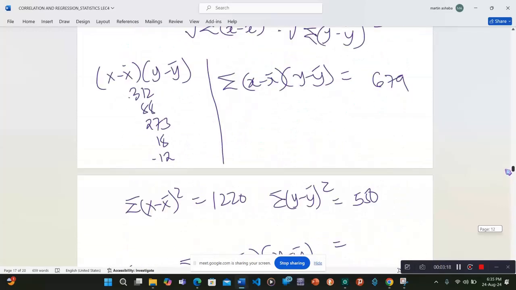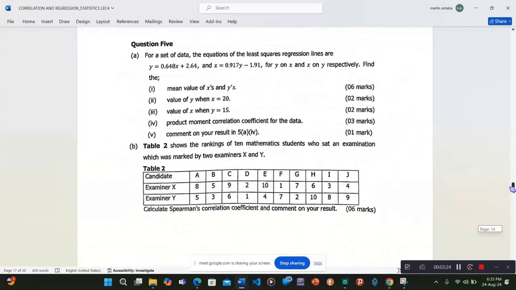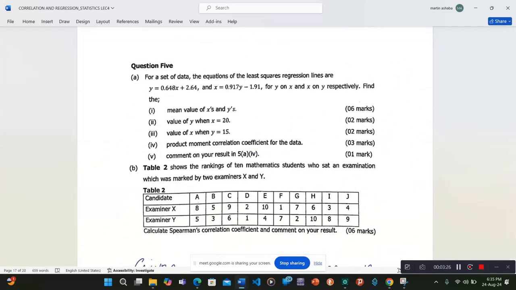But for this exact problem, you can see x and y were defined for you. So to determine the value of y when x is equal to 20, you substitute in this equation. To determine the value of x when y is equal to this, you substitute in this equation. And that was the only trick.